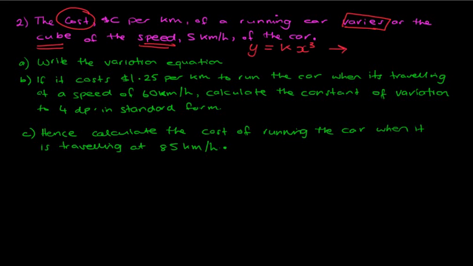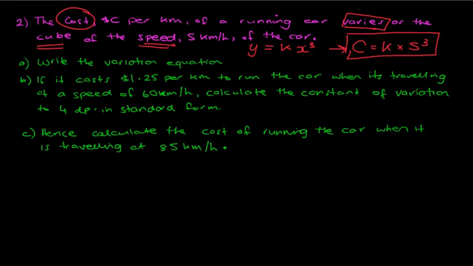So the cost varies with k times the cube of the speed, so it's s cubed. So straight away I've got my basic formula. I know I haven't put any values in just yet, but I've got that there.